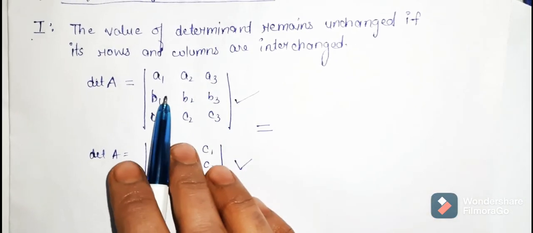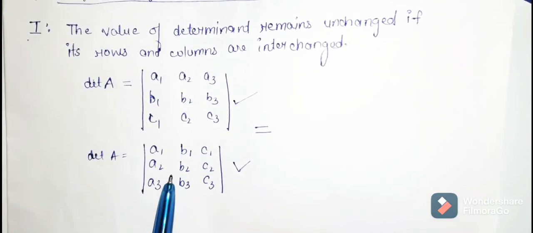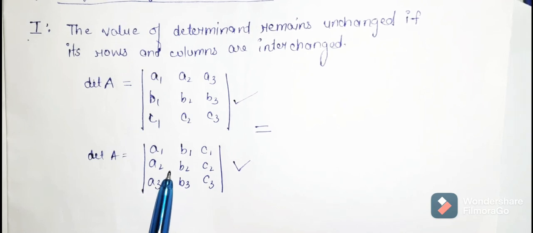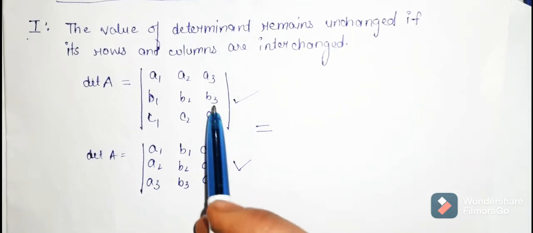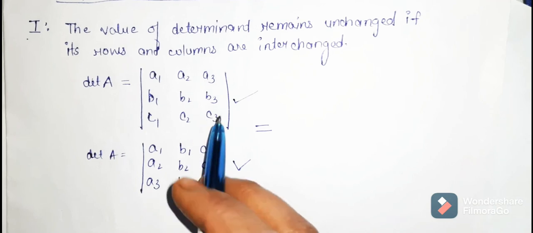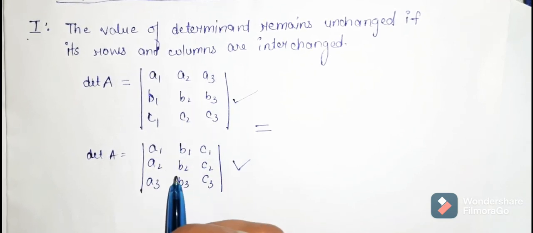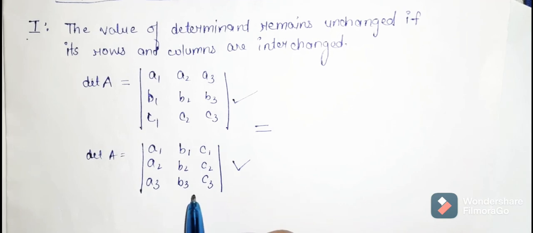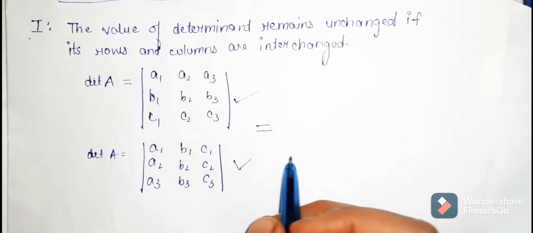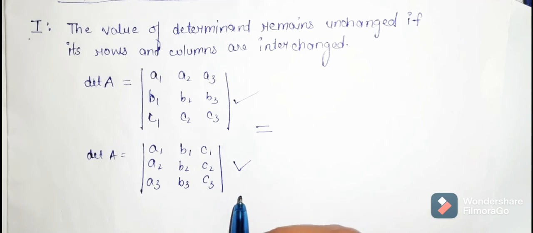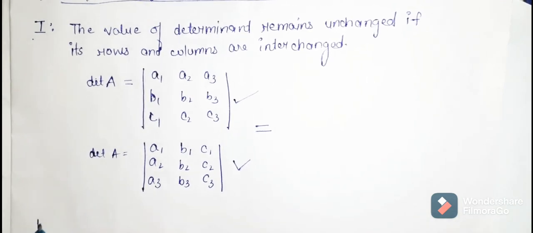We have learned in matrices the interchange of rows and columns. So in place of rows you write columns, and in place of columns you write rows, and still the value of the determinant remains the same. This is the very first property.